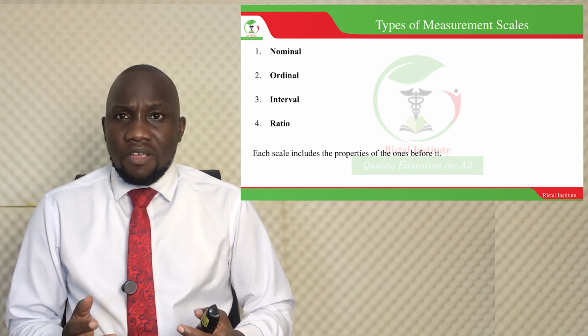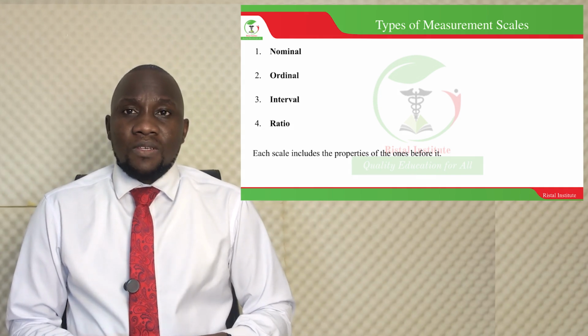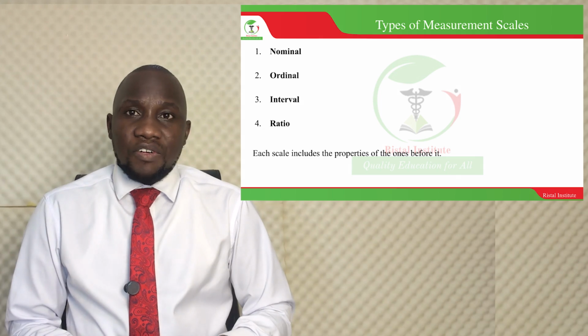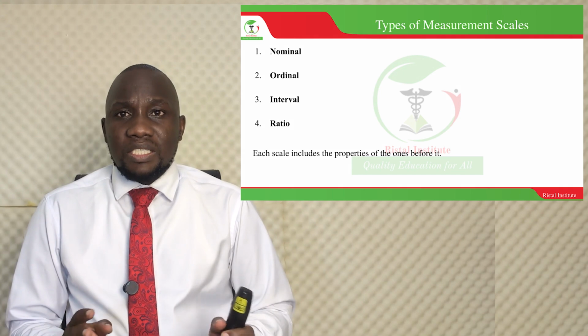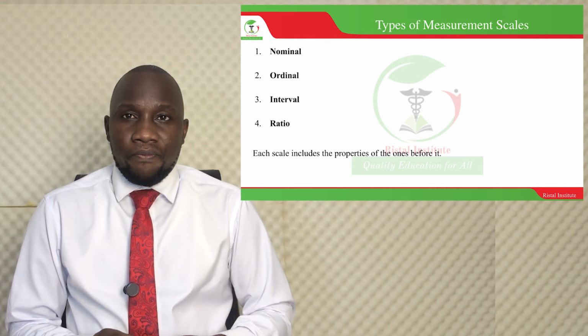So you need to be very flexible with these terminologies. And sometimes you will find that the categorization is that we have categorical data and discrete data. And under discrete data, that's when you have interval and ratio data. Don't be confused about these things. What is actually very important is what they actually mean and how you can apply them.